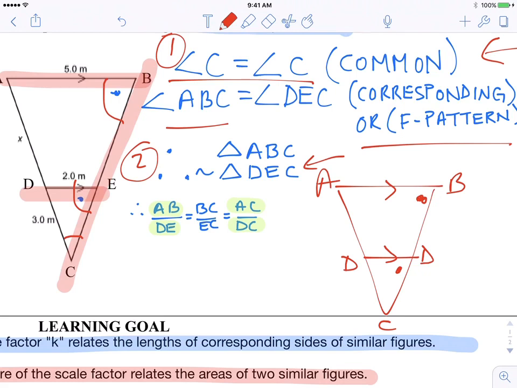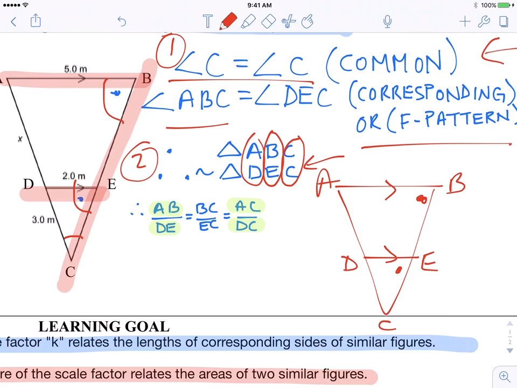Sorry, not B and D, I meant E. Angle B and angle E line up with one another. So you'll notice here when I wrote the triangles, B and E line up with one another. Of course, C lines up with C, and then the other two remaining are A and D, so they'll have no choice but to line up together.